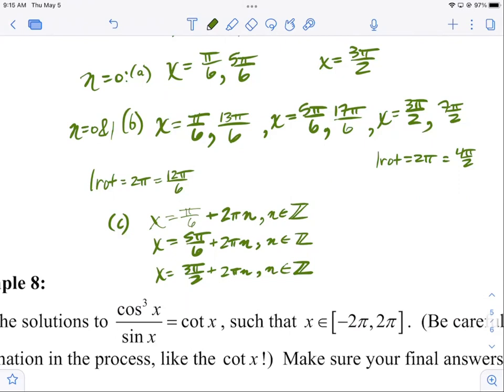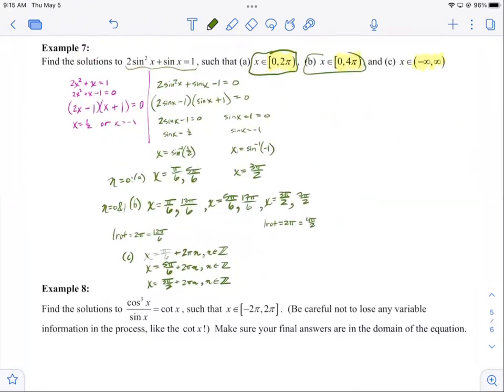If you were writing a computer program that would list as many angles as the user wanted, you would specify the interval, then calculate how many values of n that's going to be, and then the computer could just generate them with this. Some kind of nested loop.